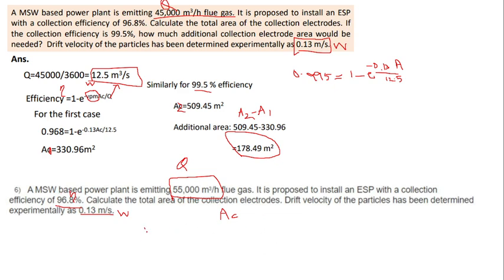So W is given, Q is given, eta is given, only AC is asked. Okay. Use the formula eta is equal to 1 minus e power minus W into AC whole divided by Q. Solve this one and tell the answer. Simple question.